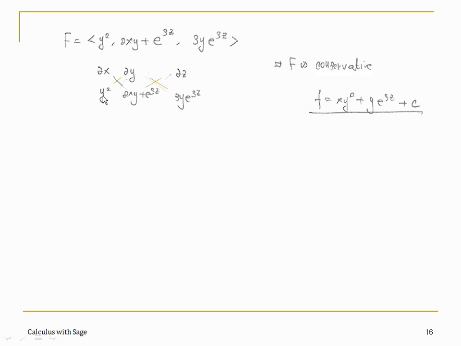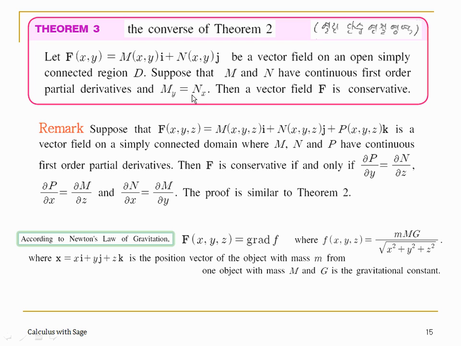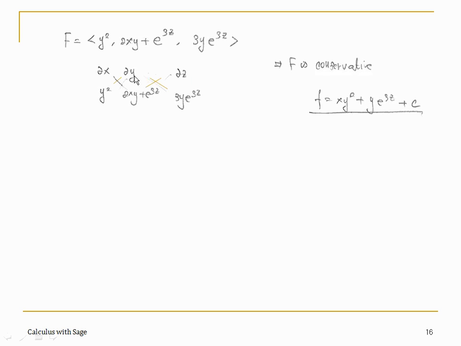They are the same. And the partial derivative of y squared with respect to z is 0, and the partial derivative of this with respect to x is 0. They are the same. So these three conditions hold, and this is the way to check. This and this are the same, and this and this are the same, like that. We checked all three conditions and it satisfies them, so we can say it is conservative. And this is a potential function of it, because the gradient of this is this.